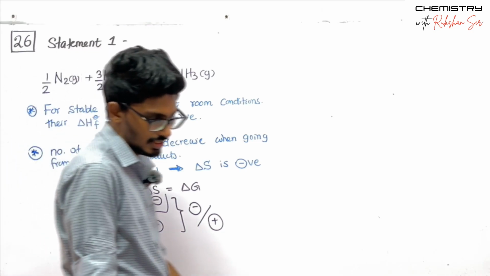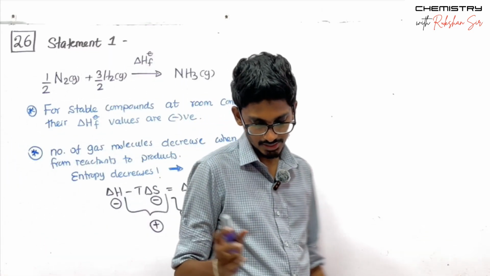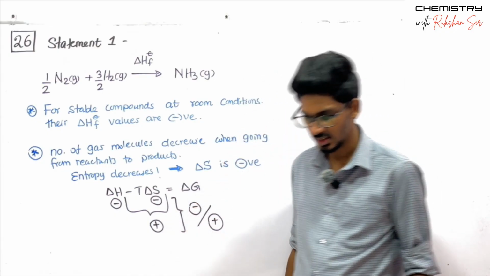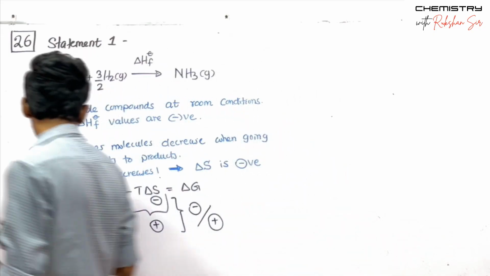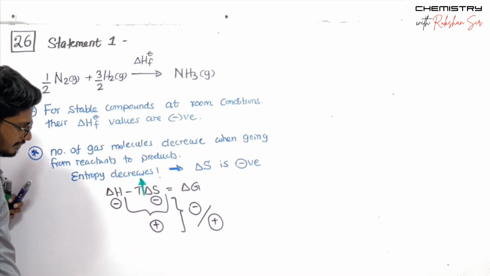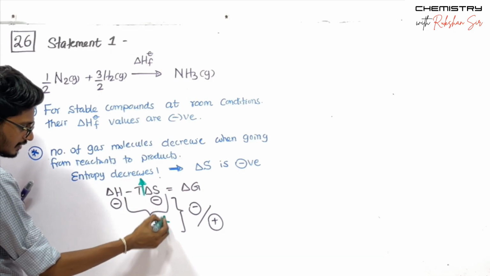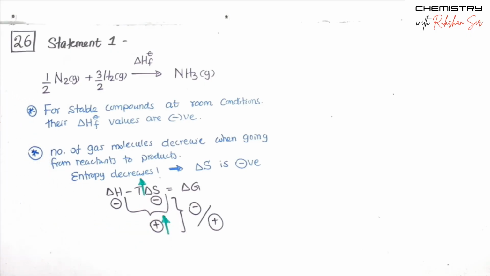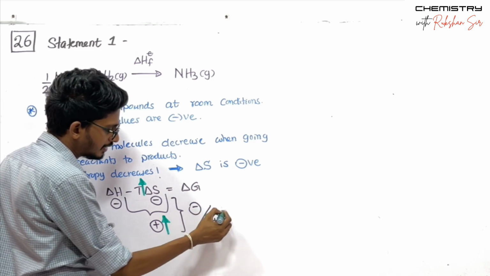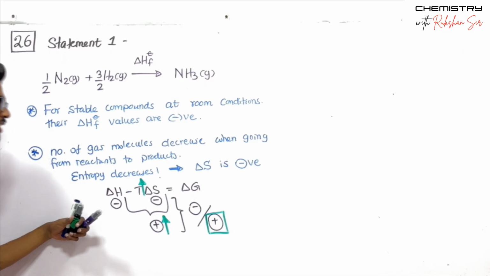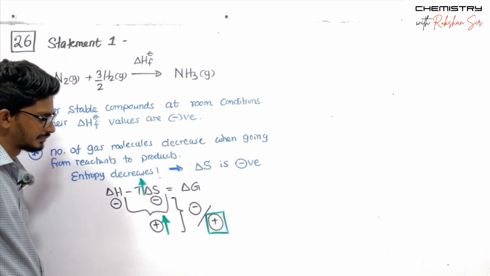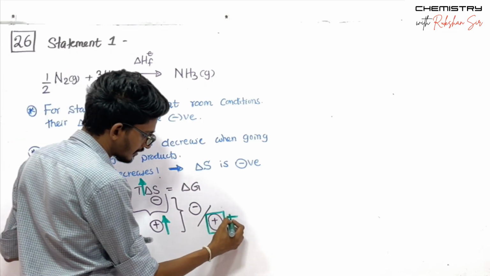Again go to the question: the spontaneity drops with the increase in temperature. What happens when temperature increases? The positive term increases, so delta G becomes more positive. So with the increase in temperature, spontaneity decreases.